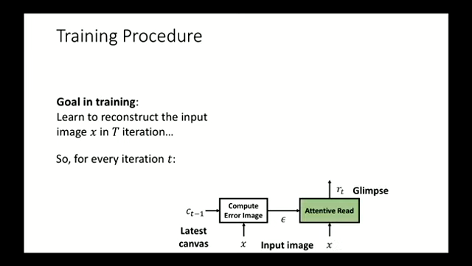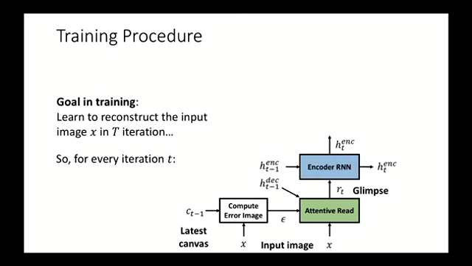Then you do attentive read of the error image as well as the X input image. And this is controlled by your decoder state. So the parameters in the attentive read process are decided by the previous decoder state. So you got your glimpse. Then there comes the encoder RNN. Right now you just evaluate the feed forward path. You update its state. Then you sample. Standard variational autoencoder.